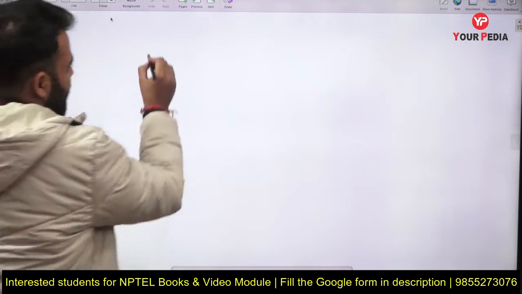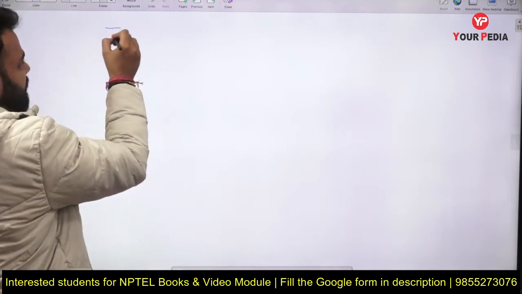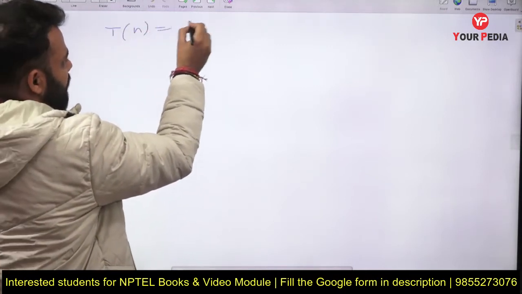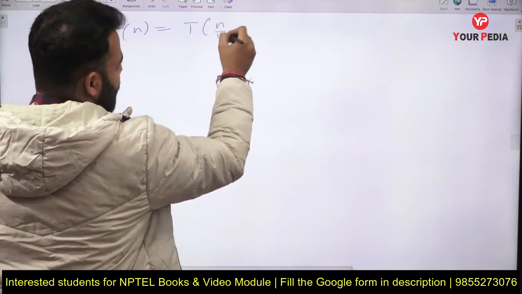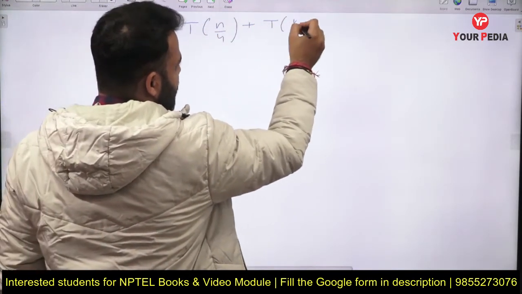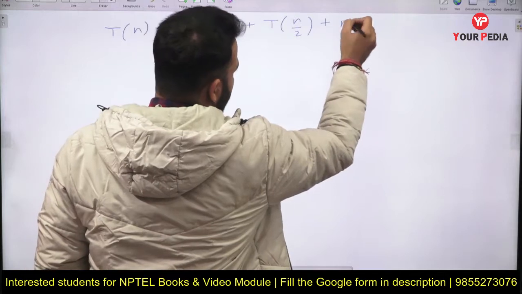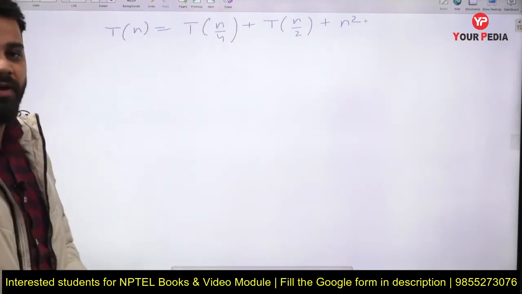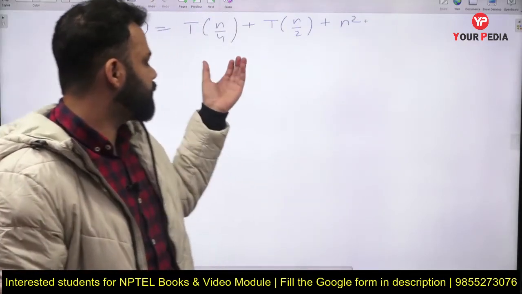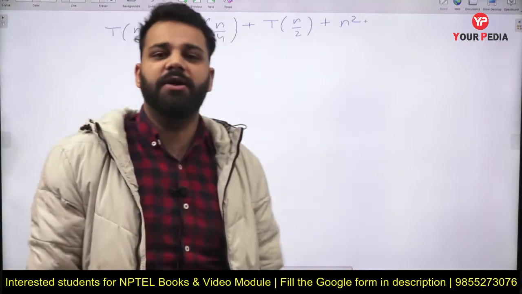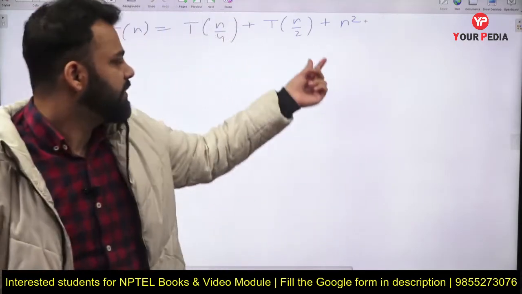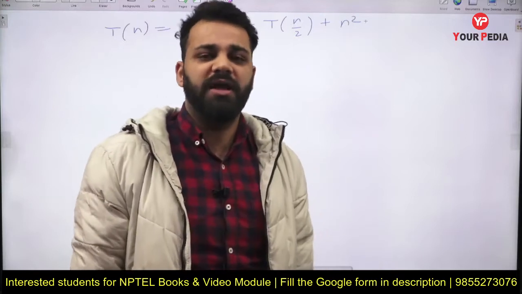The recurrence relation that has been given to us is T of n is equal to T of n by 4 plus T of n by 2 plus n square. Now in this, whenever a T(n) is divided into T(n by 2) and T(n by 4), the remainder is n square for each level.